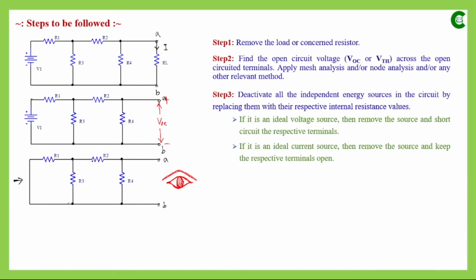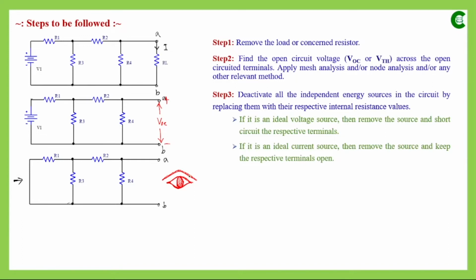We will find the equivalent resistance again, and then with that equivalent resistance R4 will be in parallel. We will simplify accordingly, and that will be the internal or equivalent resistance across these two terminals of the whole network. Next we will solve a few numericals where this concept will be clearer.